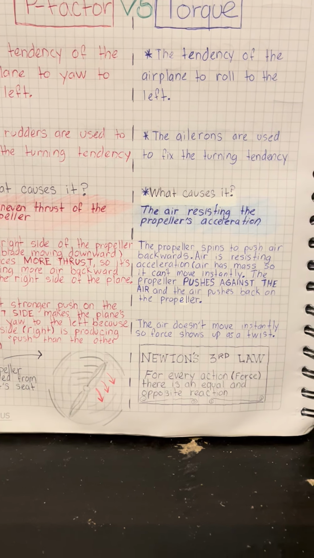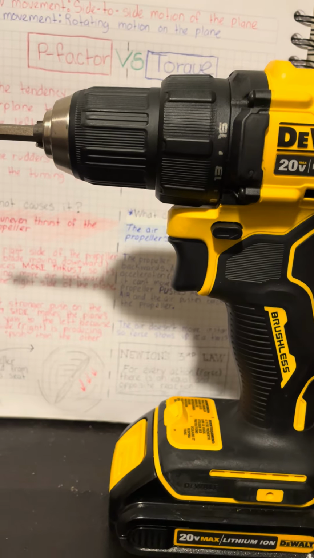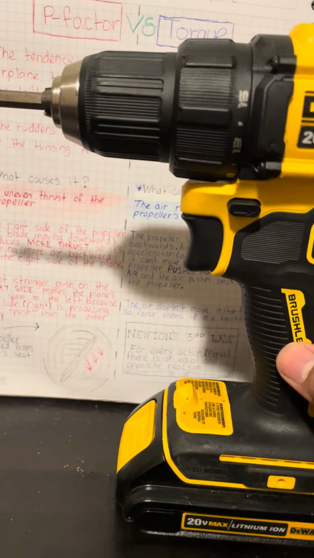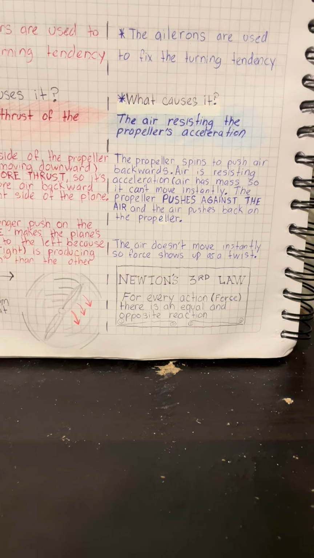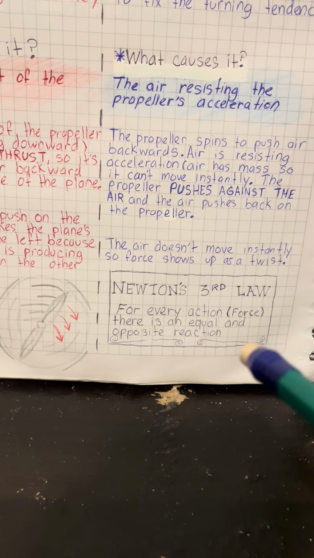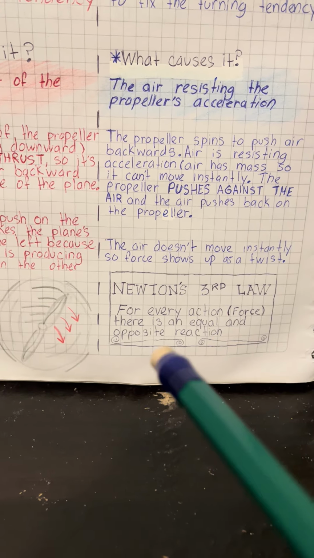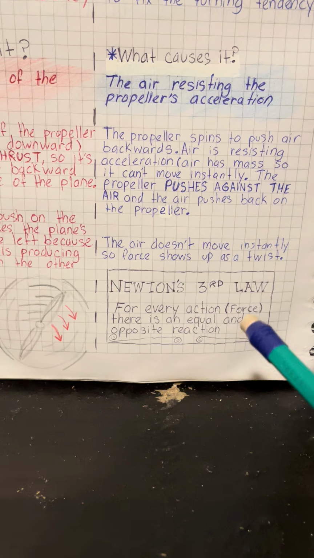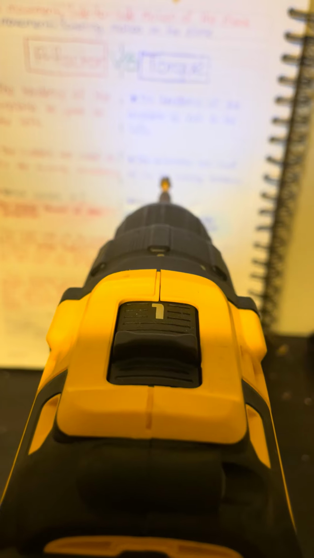In this example, I'm going to be using a drill. Before I use this drill, we have to understand one thing: Newton's third law. Newton's third law says, for every action, in this case a force, there is an equal and opposite reaction.